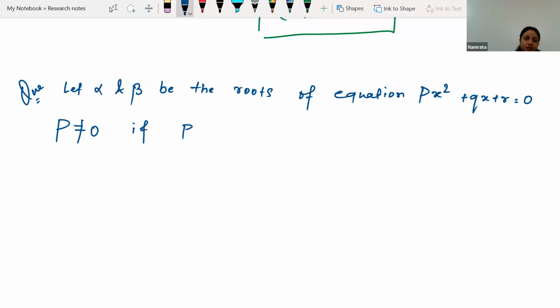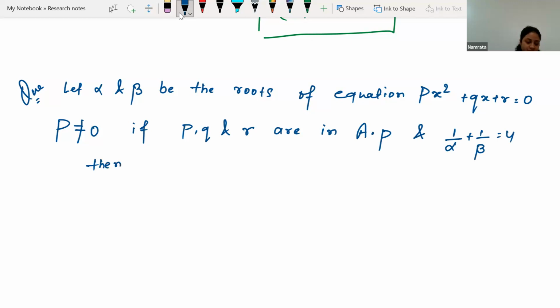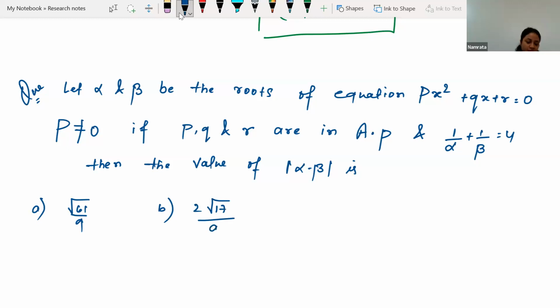If p, q and r are in AP and 1 by alpha plus 1 by beta is equals to 4, then the value of mod of alpha minus beta, that means absolute value of alpha minus beta, is option A root 61 over 9, option B 2 root 17 over 9, root 34 over 9.